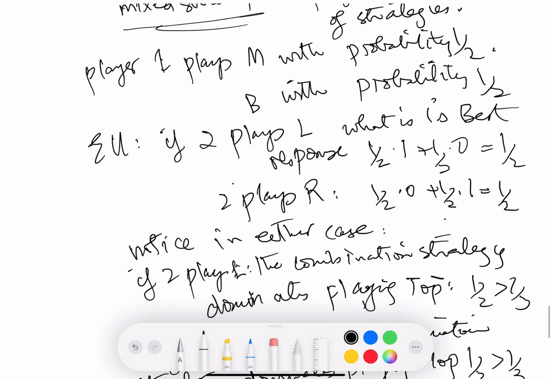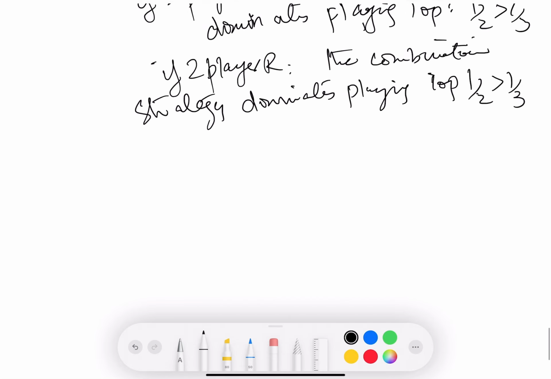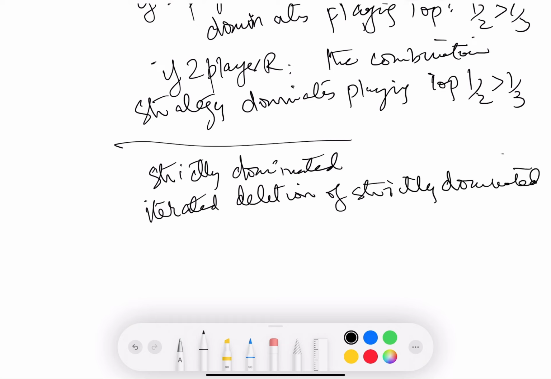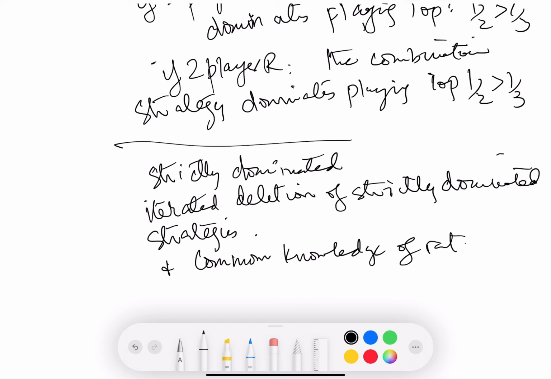Okay? So that's the end of this lecture. This is an important point about strictly dominated strategies. We discussed this concept. We talked about iterated deletion of strictly dominated strategies. And we talked about common knowledge of rationality. We talked about rationality first, which is that rational players will not play strictly dominated strategies, and then common knowledge of rationality.